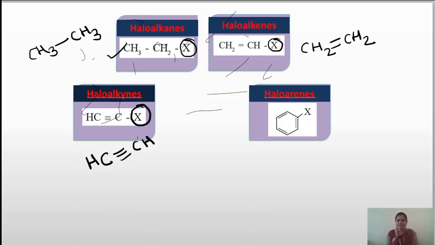Here I take the example of benzene, that is an aromatic compound, and when we replace one hydrogen atom of this benzene by this halogen atom, then we will get the structure of the haloarene. Here this X may be chlorine, bromine, fluorine or iodine. When I take chlorine as the halogen, then we will get this type of structure, and this is known as the haloarene.